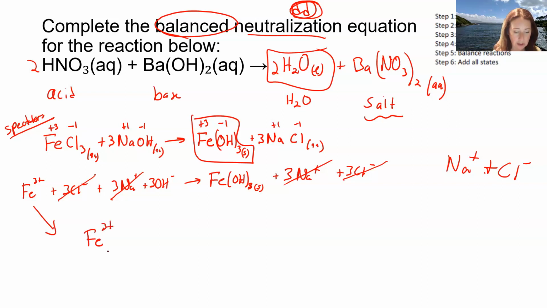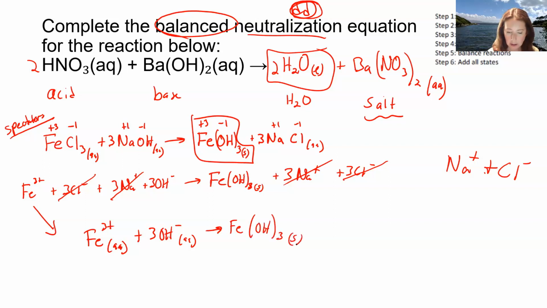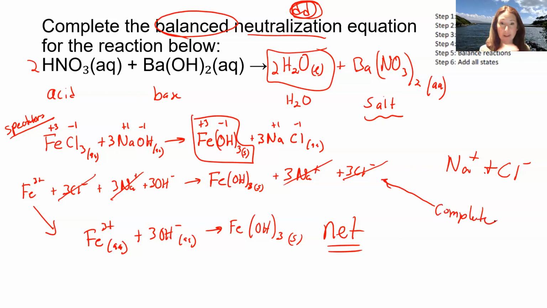Fe 3 plus, and again, these are AQs, plus 3 OH minus, AQ goes to Fe(OH)3 solid. This is the net. You can see it's kind of a system that you just repeat again and again. It says my internet's unstable, so I'm sorry if you can't hear me.